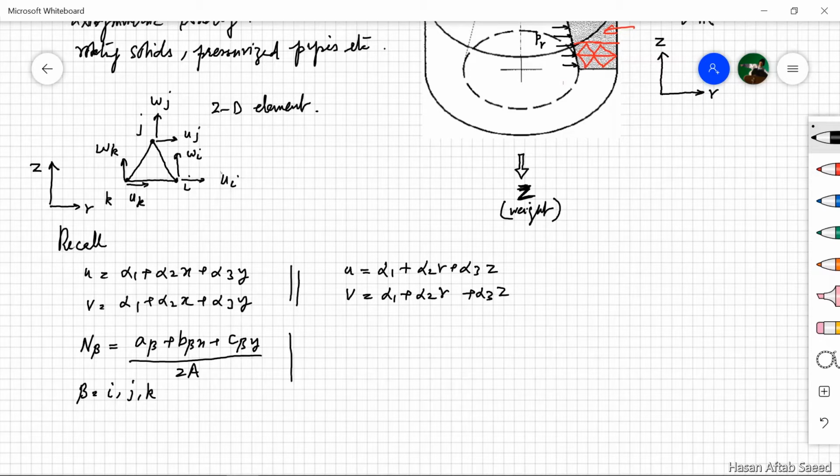In this case, axisymmetric, it will take exactly the same form, again with the adjustments made for the coordinate axes. That's all. Similarly, beta takes the form i, j and k.